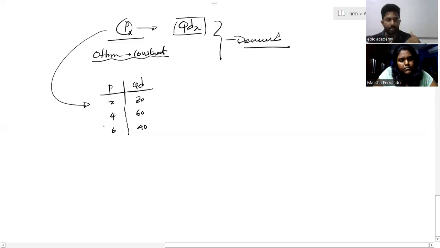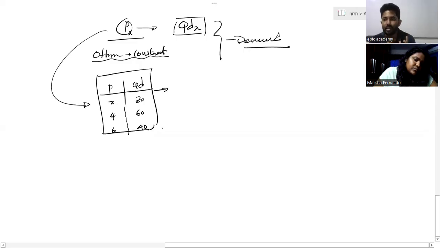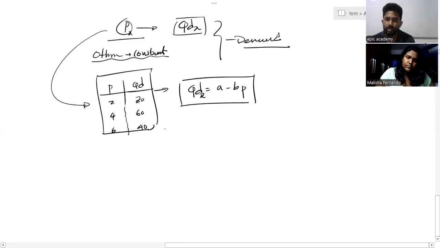Increase the prices, decrease the quantity of the demand. So by using that particular schedule, we are going to create the equation for the demand. The equation means QDX, that means the quantity demand for the X commodity, is A minus BP. This is very important. QDX equals A minus BP.